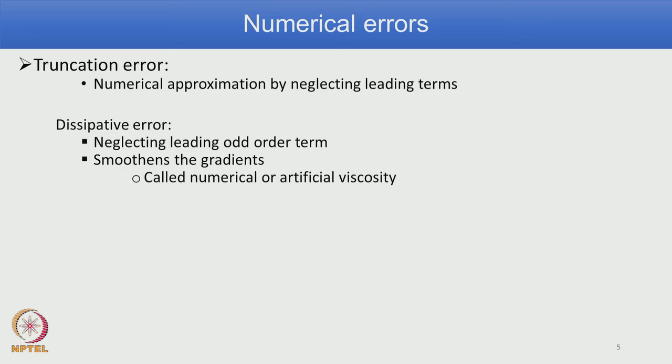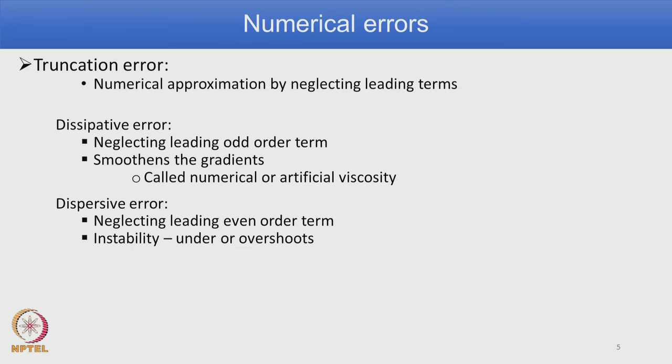So, with this dissipative error, where the leading neglected term is of odd order, it functions like a numerical viscosity or artificial viscosity, which helps in smoothing the problem. On the other hand, you may not get very peaked or accurate results.